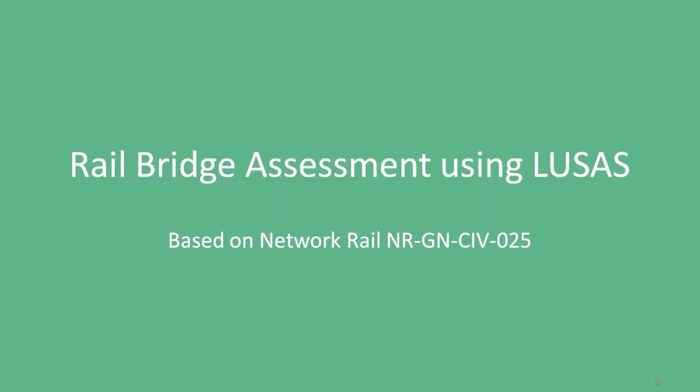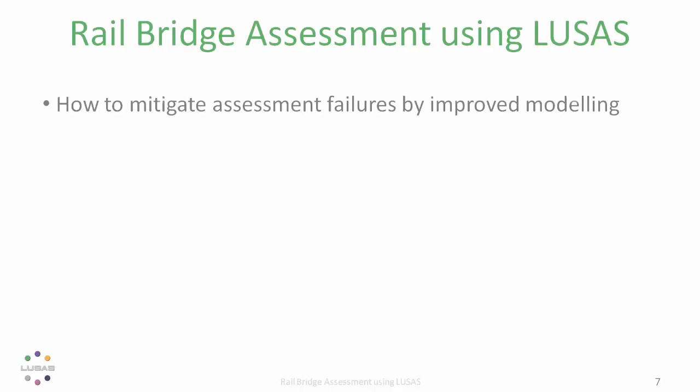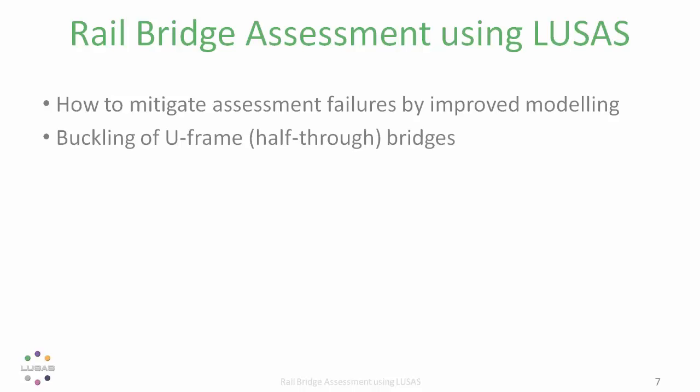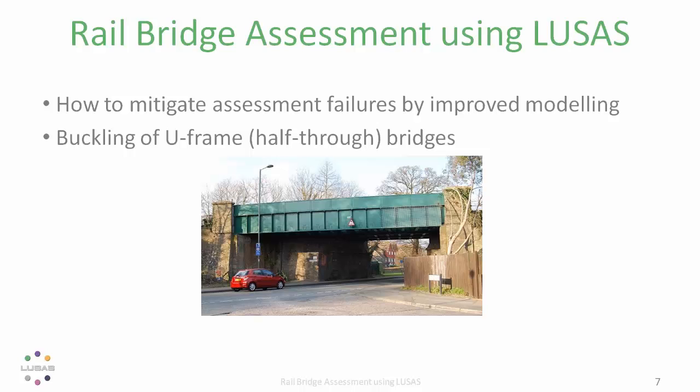Thank you, Philip. So today we're exploring ways to mitigate assessment failures by improved modelling. We'll focus on U-frame bridges because that's a common bridge type in our rail network, and analysis approaches which would come under a level 2 assessment in the Network Rail Guidance Note.